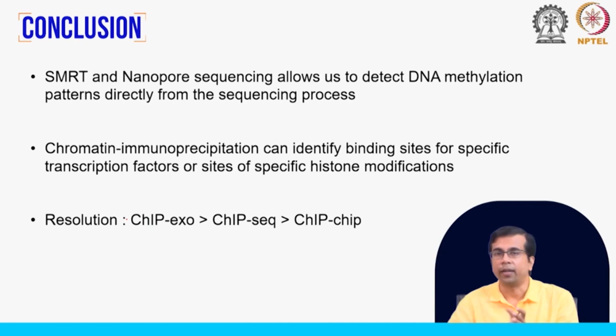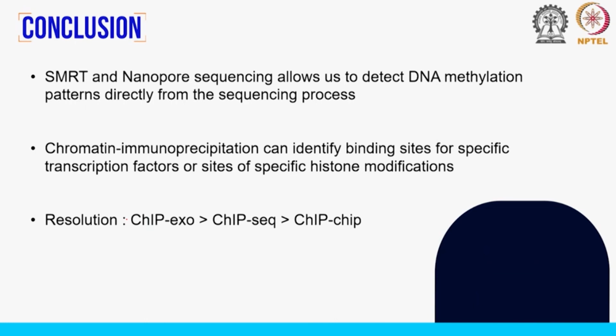We can apply ChIP-exo, ChIP-seq and ChIP-chip. If we talk about resolution, ChIP-exo has higher resolution than ChIP-seq, and ChIP-seq has higher resolution than ChIP-chip. This is something that is seen in the data across different samples.